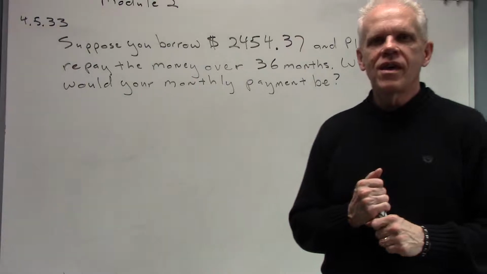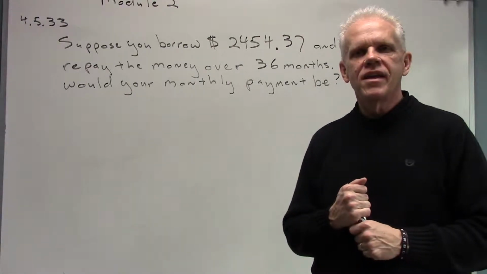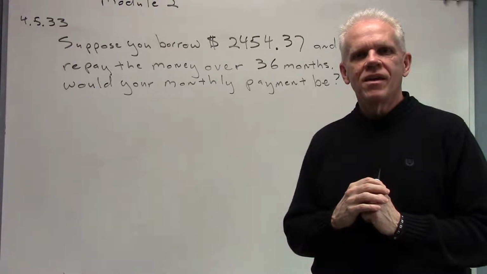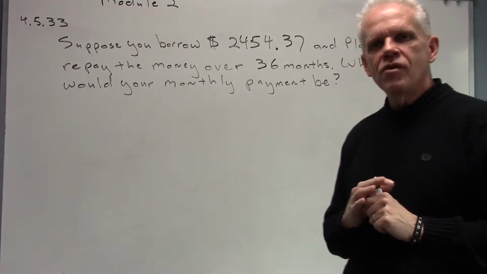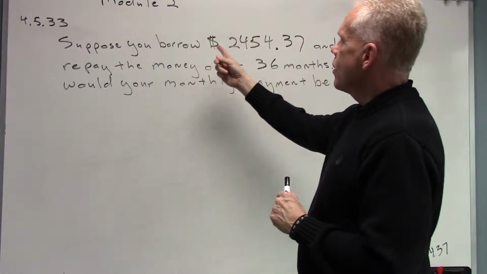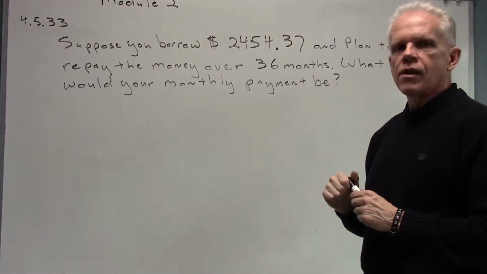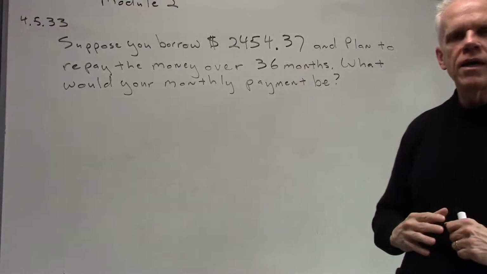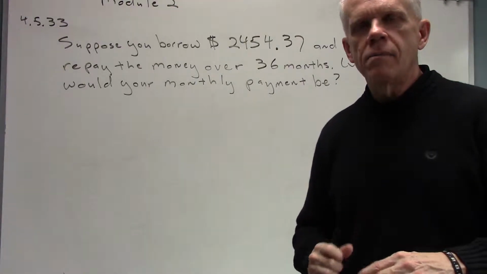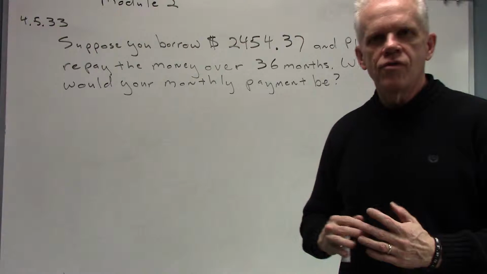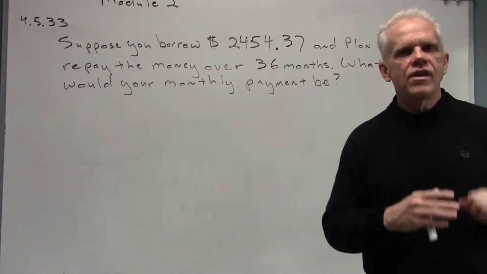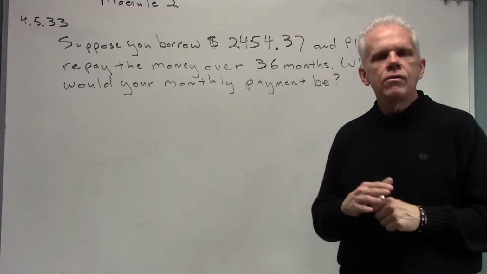We are glad you came here to get a little bit of help figuring out what your repayment would be if you borrowed some money. Let's suppose for a second that you borrowed $2,454.37. You've got a good job now, you've graduated from Aiken Tech, got that dream job, you need to go buy some new furniture to dress up your lifestyle to match that good new job you've got, and you've got good credit.